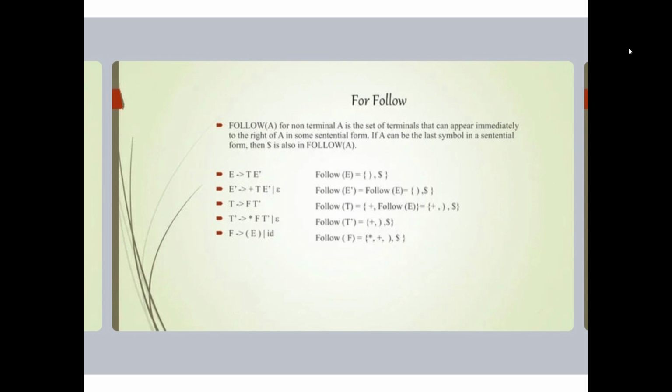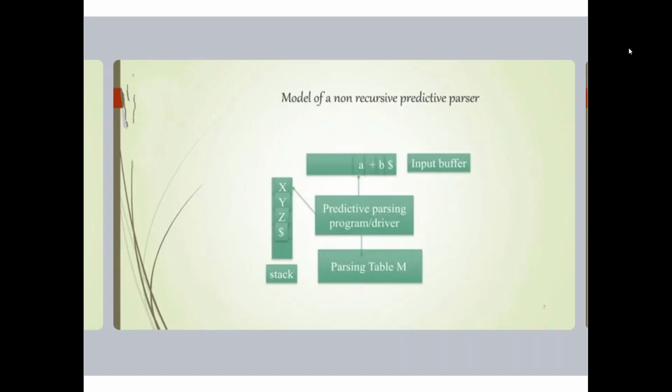If A can be the last symbol in a sentential form, then dollar is also in FOLLOW of A. LL(1): in computer science, an LL parser is a top-down parser for a subset of context-free languages. It parses the input from left to right, performing leftmost derivation of the sentence. The predictive parser algorithm can be applied to any grammar.